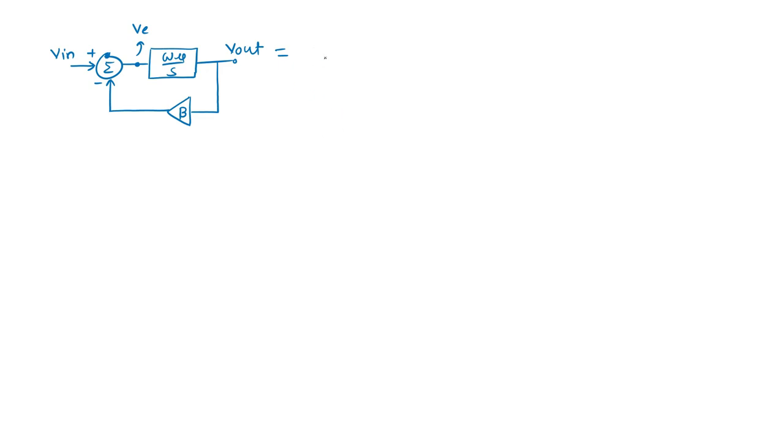Okay, so what is the general V out? If I talk about V out as a time domain equation, then the op amp is a device which integrates the error voltage. So it integrates the error voltage, and the integration constant is omega u. So in general, V out in the time domain is omega u by s times VE.